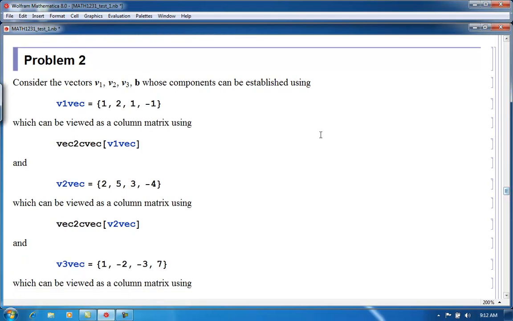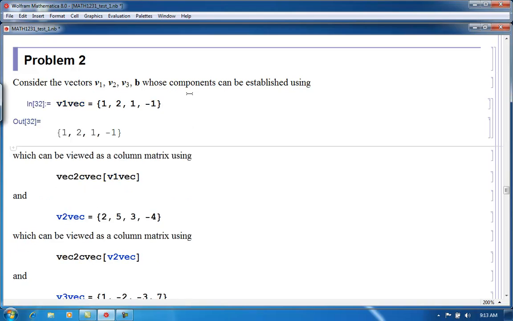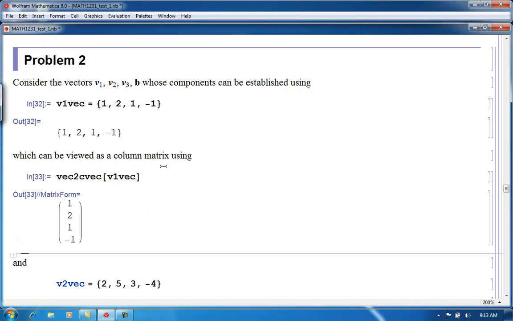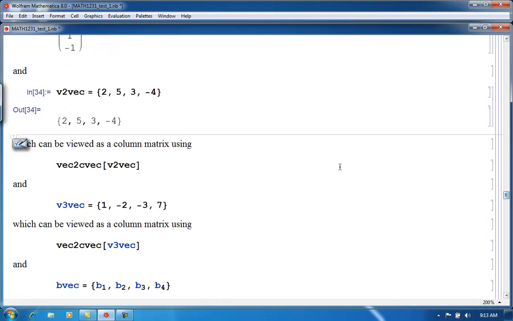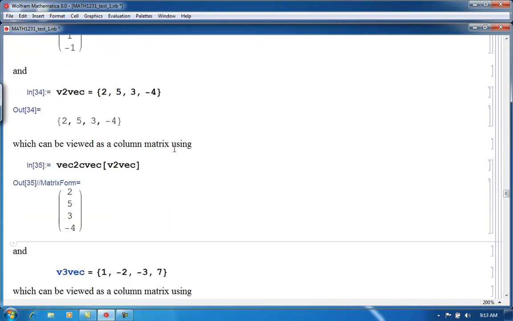Problem 2, so we consider 4 vectors, v1, v2, v3, and b, and we can establish those using that and visualize it. So this is the first one, v1, the second one likewise, and the third one likewise.